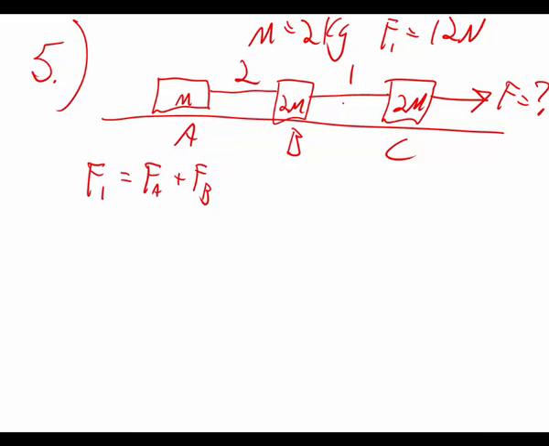Cable 1 is pulling 2 blocks. All right, so we know that, and we know the force in 1.